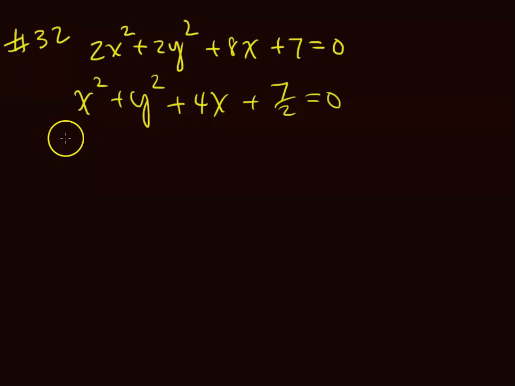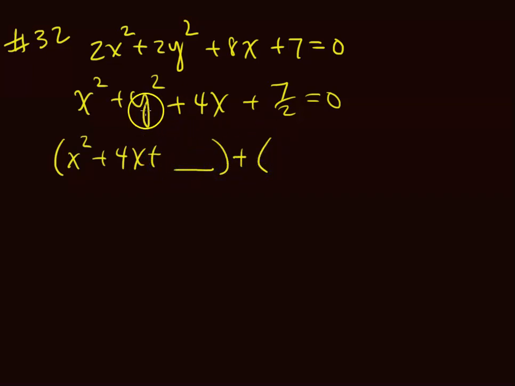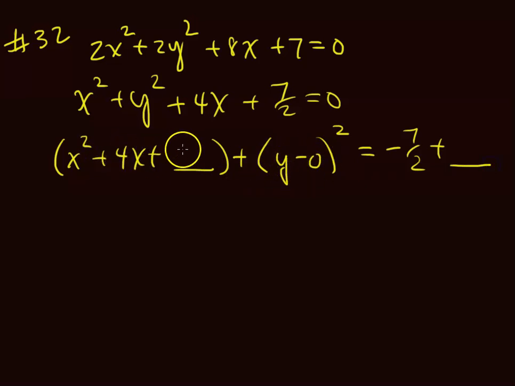And now I'm going to complete the square on the x's. x squared plus 4x plus something plus, and what you notice here, since there's no y term, you know that it's just y minus 0 squared to get y squared. Now we've got the 7 halves, and we have to add just one thing, because we just had this y minus 0 here. Half the middle term, 2 squared, or 4.